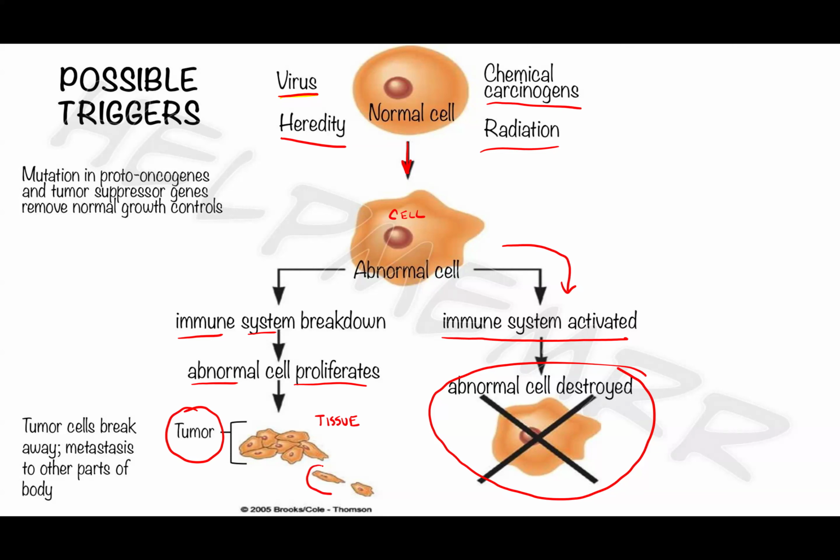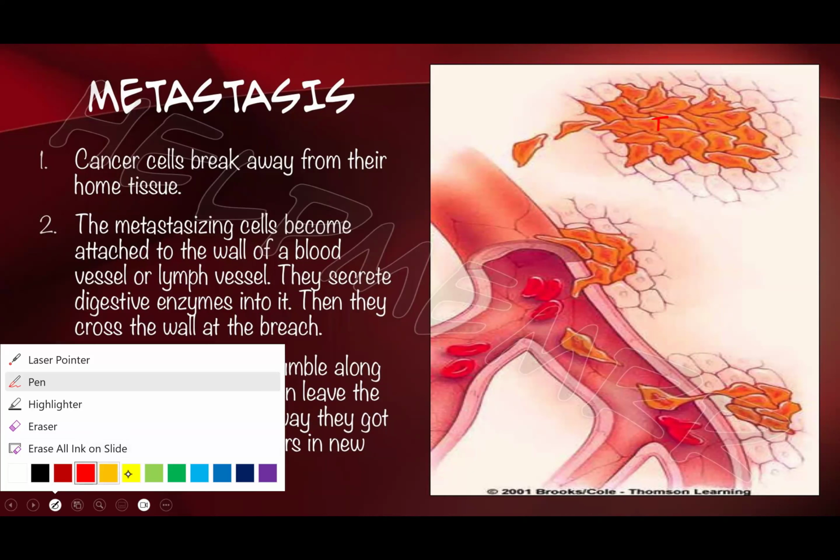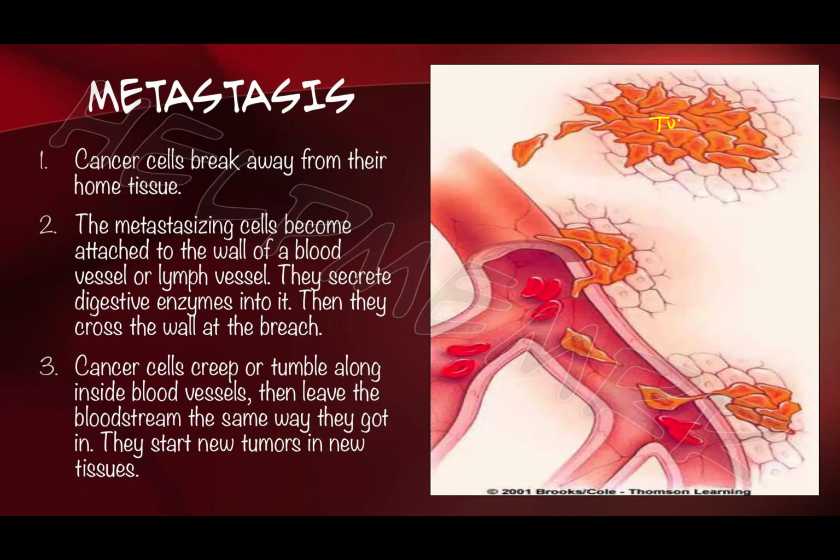Now, when a piece of that cell breaks off and starts moving to different areas, we call it metastasis. So, in this case, we're seeing a tumor, and this tumor has a cell that has broken off.